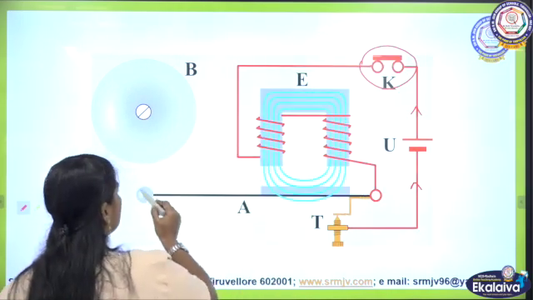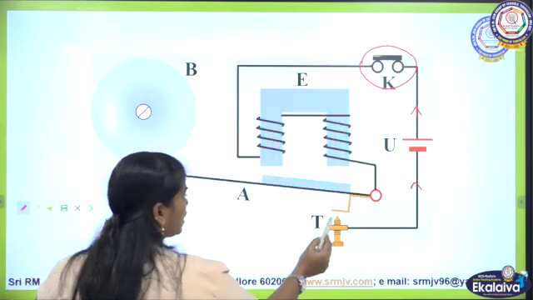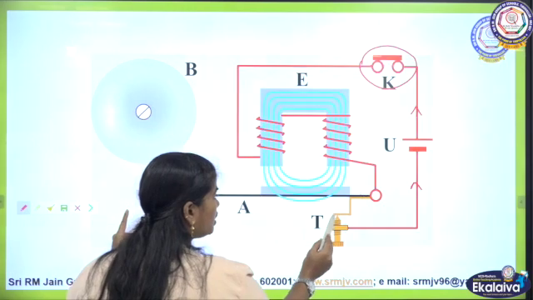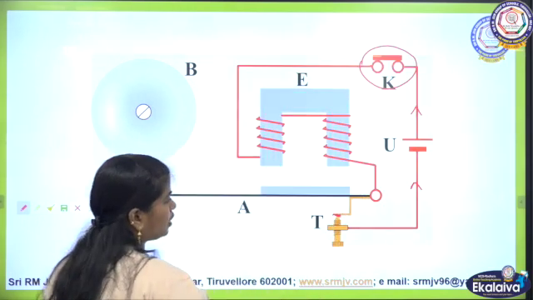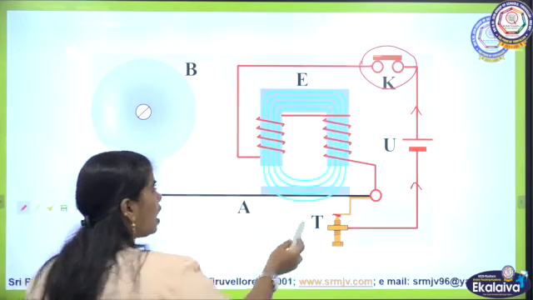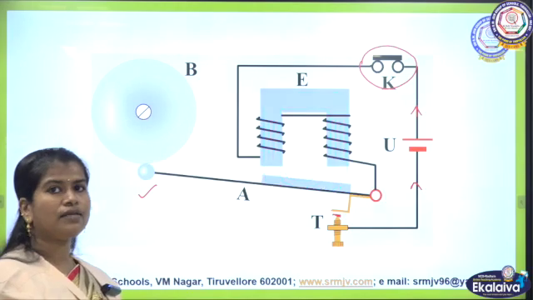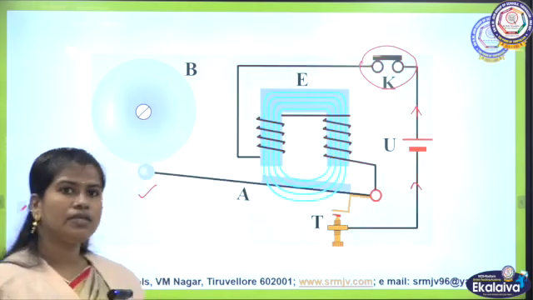Because of that, the hammer goes and strikes the gong, and when it strikes the gong, you can see there is a gap over here. Because of that, the circuit becomes incomplete. Again, when it comes to its original position, the circuit gets complete, and the gong keeps on striking.